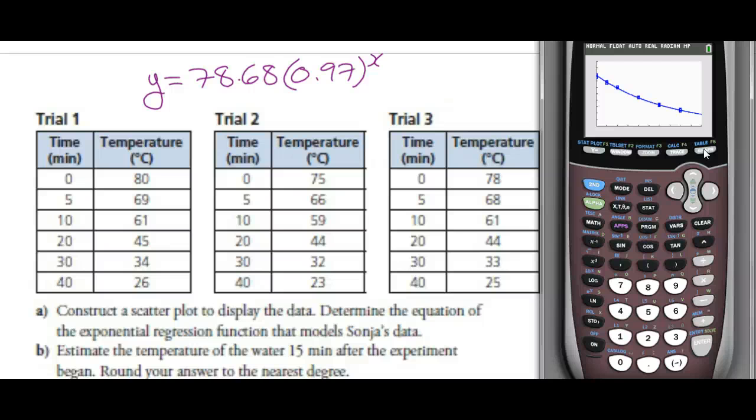What's the rate of decrease? Okay, they're going to ask you, this is a common question. You get something like this and it says, what's the rate of decrease?